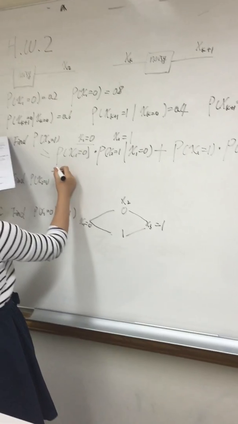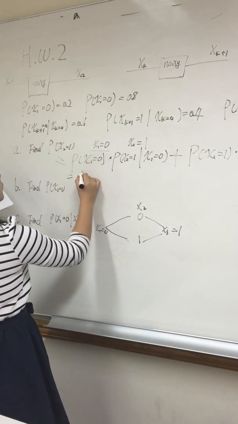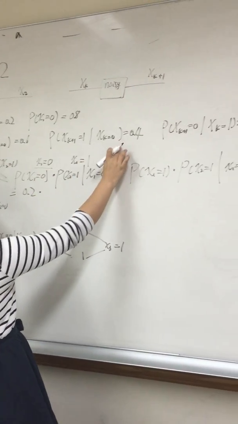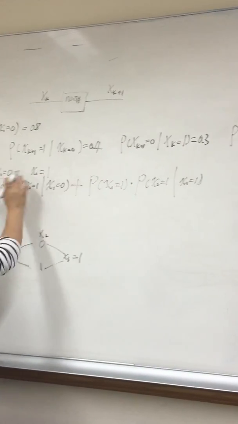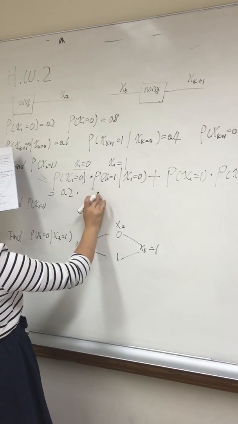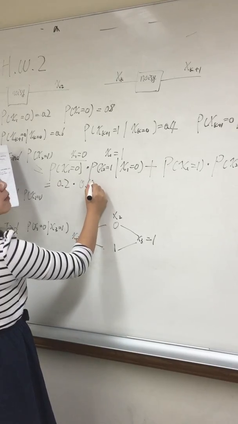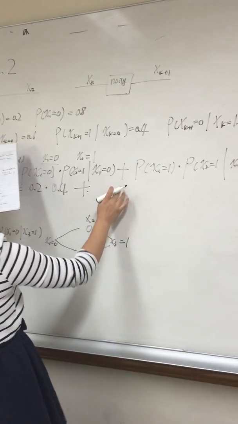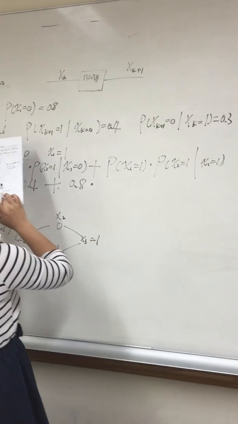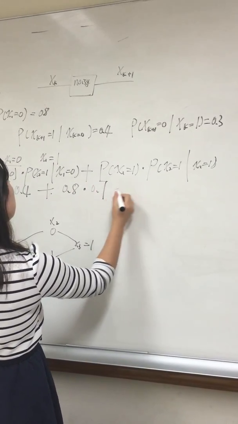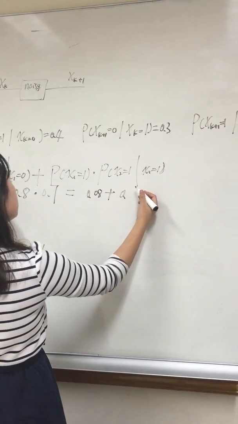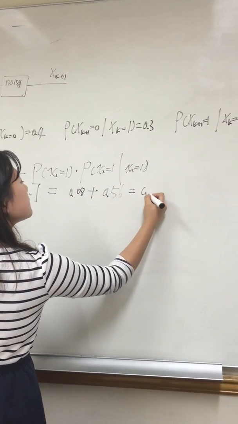Then we can get 0.2 times 0.4, plus 0.8 times 0.7. It equals 0.64.